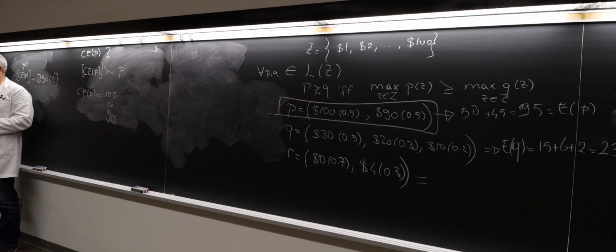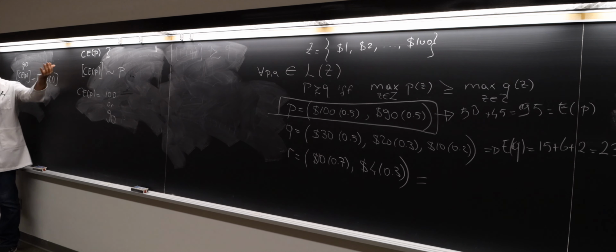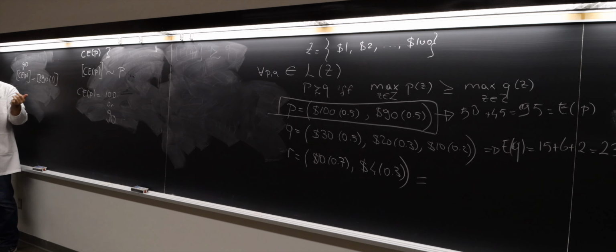No. Again, why? Remember, he looks at the highest likelihood, which is 1 here, and the highest likelihood in P is 0.5. So he's going to go for this, not P. So therefore, neither 100 nor 90 is the certainty equivalence for JJ.